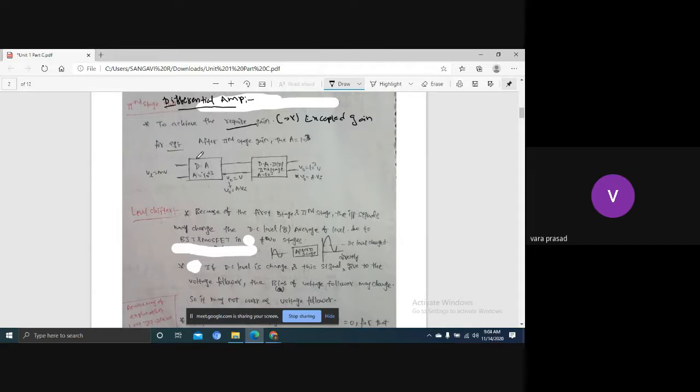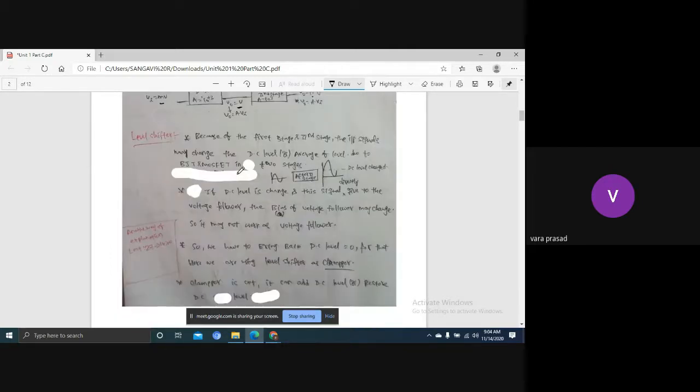For example, the first stage gives a gain of 10 power 3, here also 10 power 3. But the output is in millivolts, and we want it in volts. Again we need a gain of thousands, like 10 cube. Then what we need to do is use one more amplifier to achieve the required gain. This is the use of the second stage.